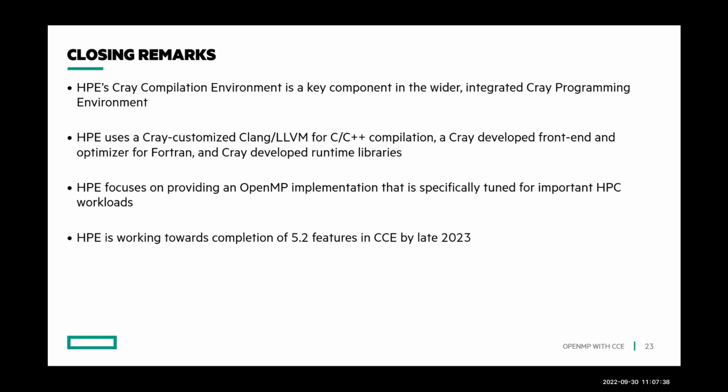So we don't necessarily always provide the most general support for all sorts of codes, but we try to provide at least functional support, and really focus on performance on the applications that we see as most important for our users. And then finally, we're working towards completing 5.2 features in CCE by late 2023. That's what we're planning on making available.